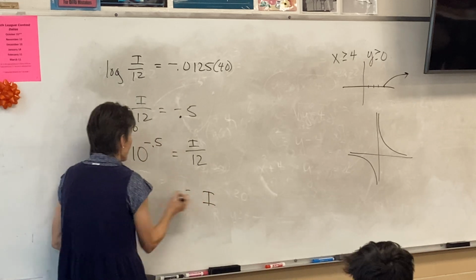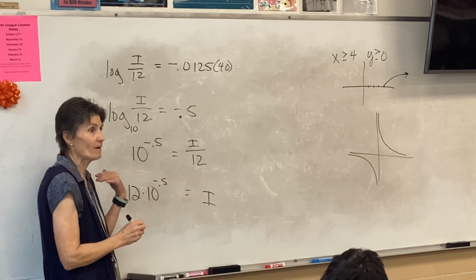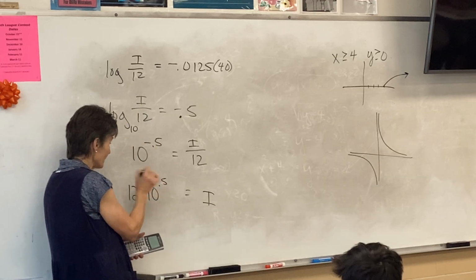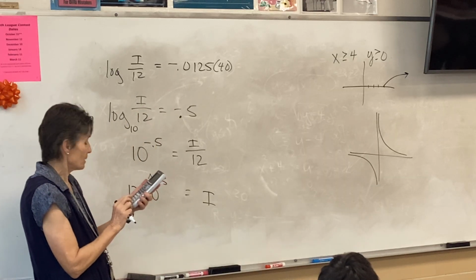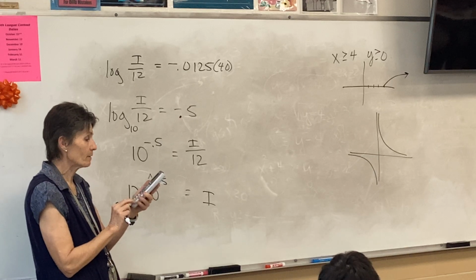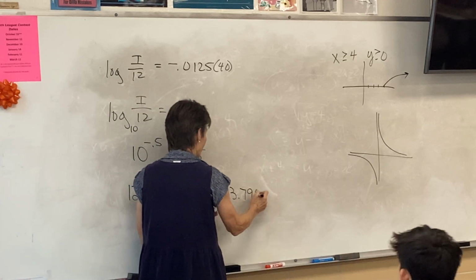And then I will be 12 times whatever 10 to the negative 0.5 is. So remember, you have your little caret button. That's how you can raise to a power. So 12 times 10 to the negative 0.5. Did you get 3.795?